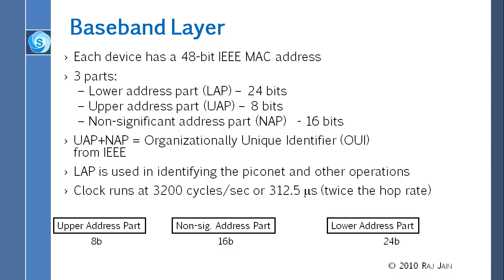So if the master looks at this address, whatever is the 24 bits it has in the lower part is what is used to identify the piconet. Rather than calling it SSID like we have in 802.11, this is the ID. The ID is the lower 24 bits of the master's address.